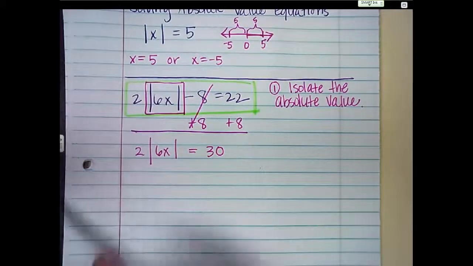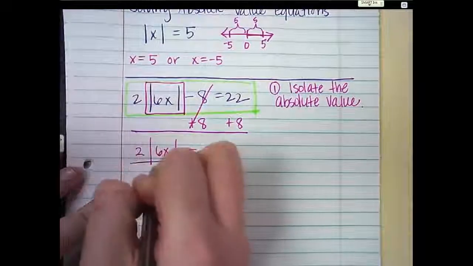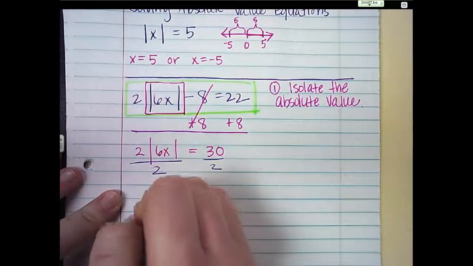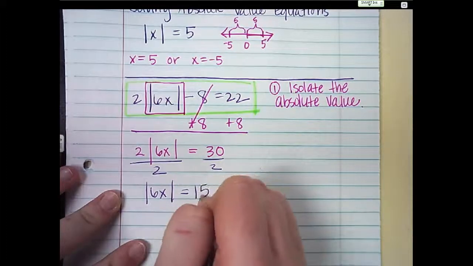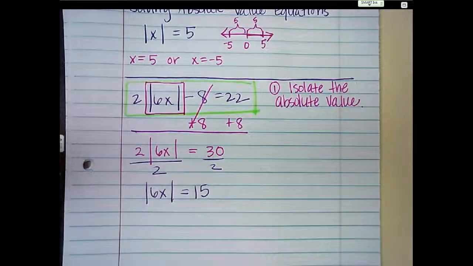Now I'll divide by the 2. So absolute value of 6x equals 15. So that's the first step. Sometimes you don't even have to do that. It's already done for you. Sometimes you have to do a lot to get just to that part.